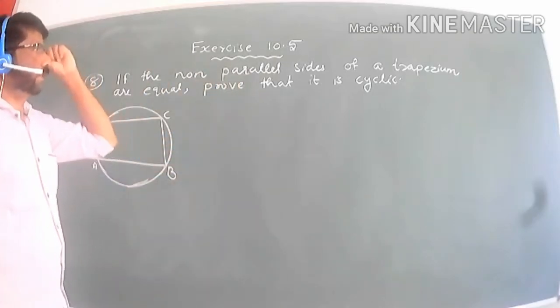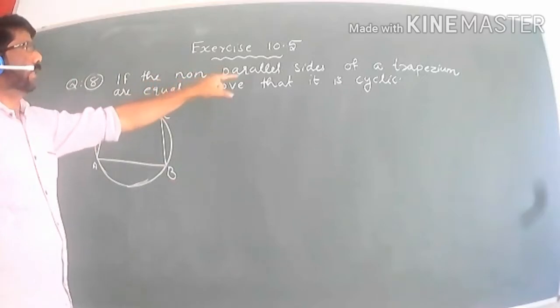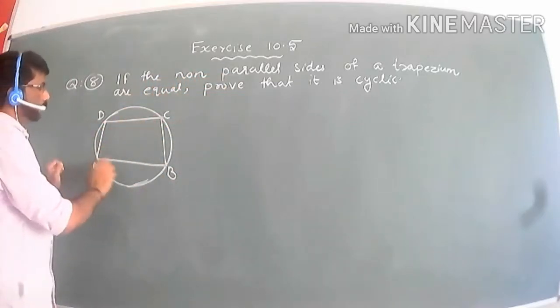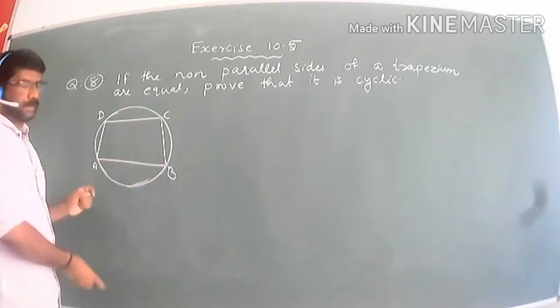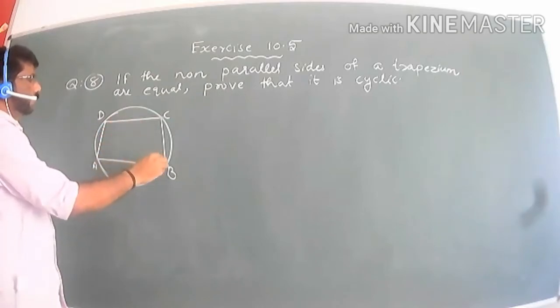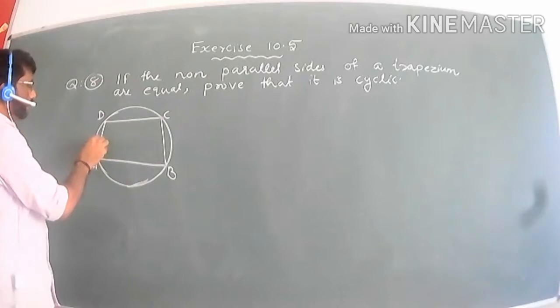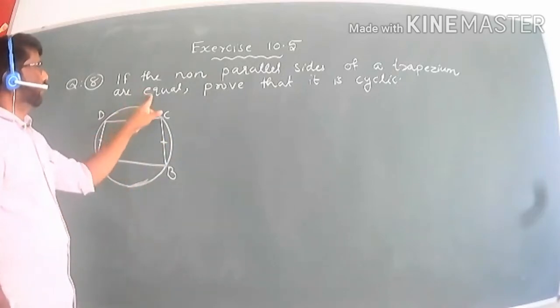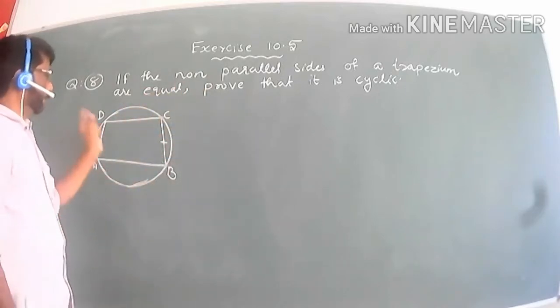And what is given here? The non-parallel sides of a trapezium are equal. So here DC and AB we can take as parallel. AB and DC are parallel sides. Non-parallel sides means BC and AD. They are equal, given.